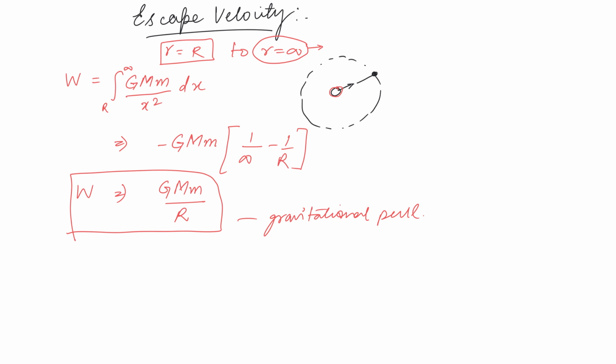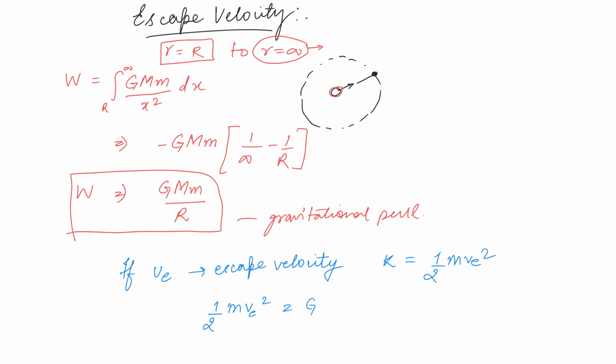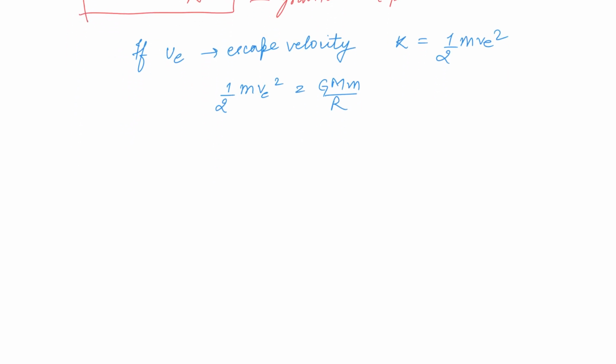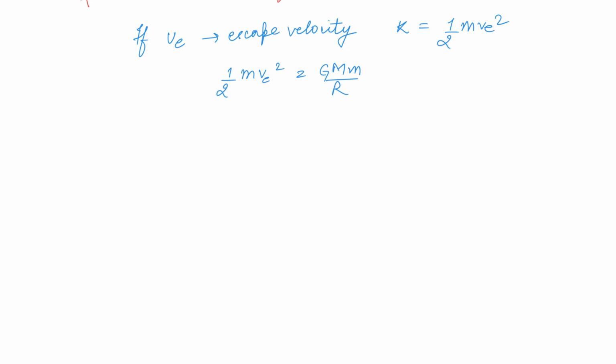So if we provide the velocity VE, suppose this velocity is escape velocity, we call it escape velocity, then the kinetic energy should be half m VE square, and this kinetic energy should be equal to the work done, equal to capital G M m upon R. So from here we will get the equation as VE equals under root 2 capital G capital M upon R.